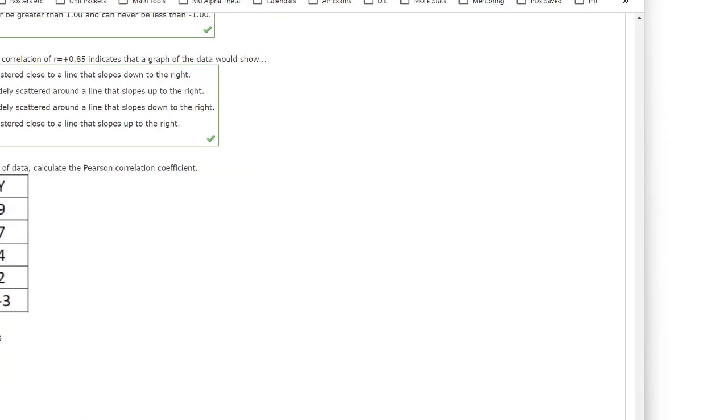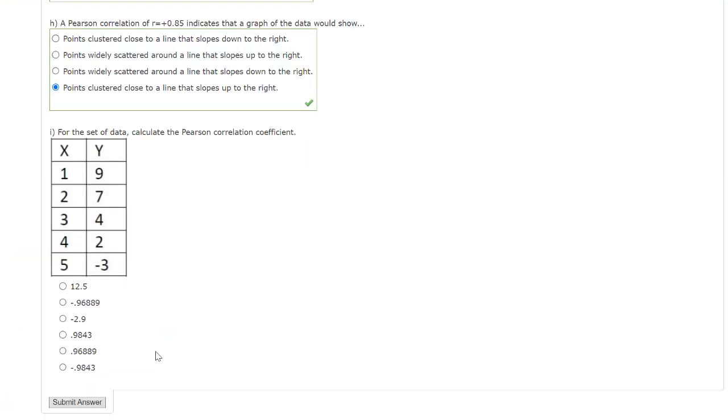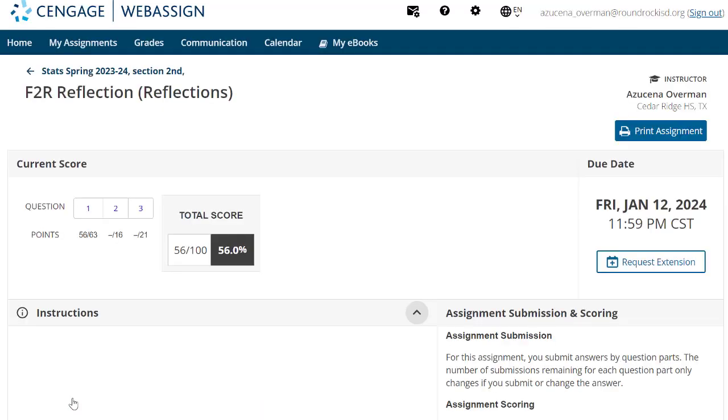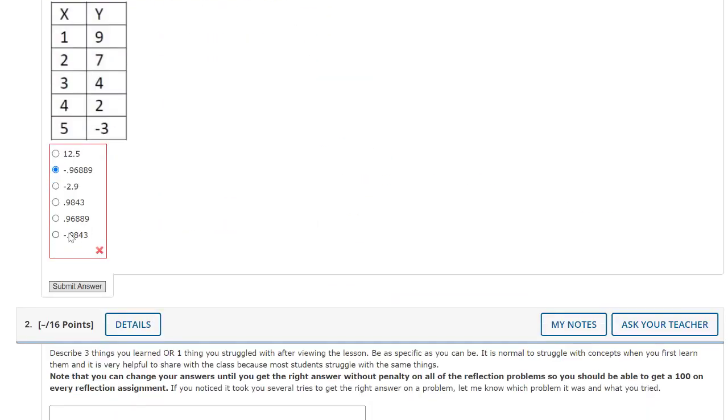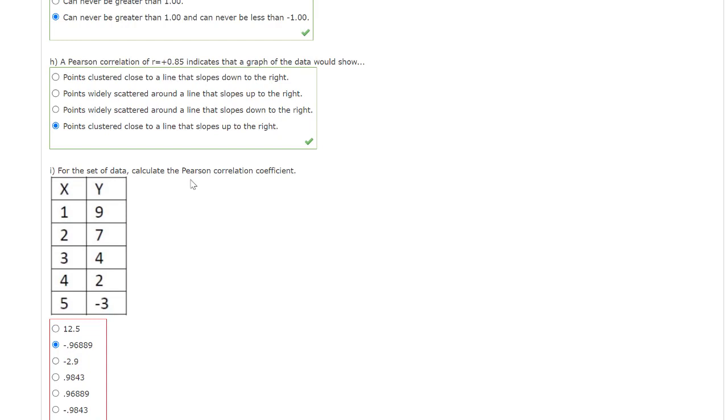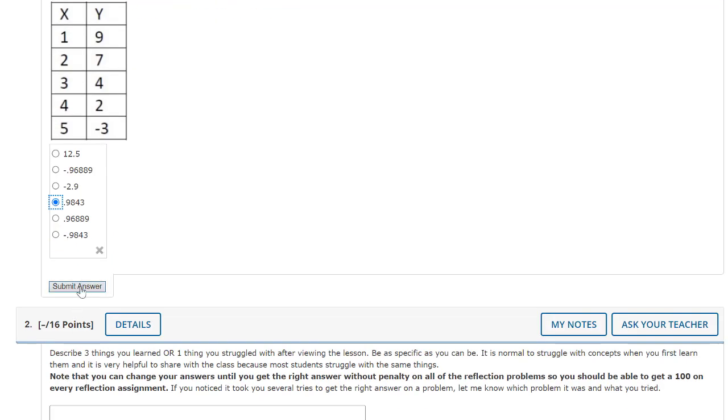So give me a second. So we had negative 0.689. That is the correlation coefficient. The coefficient of variation is actually, so when you see the word Pearson, I'm going to say, really, this is the coefficient of variation. I might go and add those words. So this is why we wanted the squared value, not the other. So go ahead and submit that answer, and it will be correct.